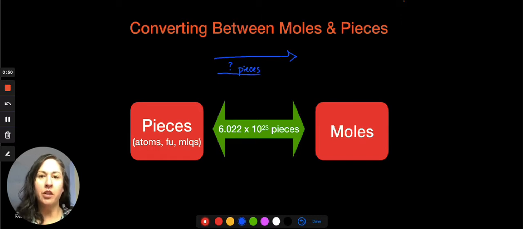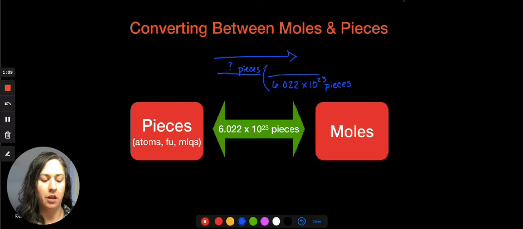In order to convert from pieces into moles, in our conversion factor we put pieces on the bottom. So that's going to be Avogadro's number, 6.022 times 10 to the 23rd pieces, whatever those pieces are, and then on the top per 1 mole. And that would tell us the number of moles.